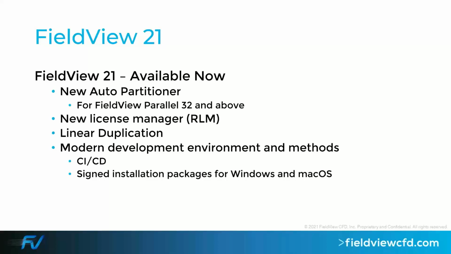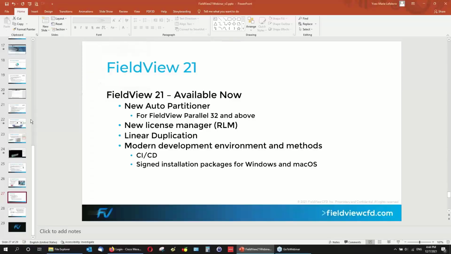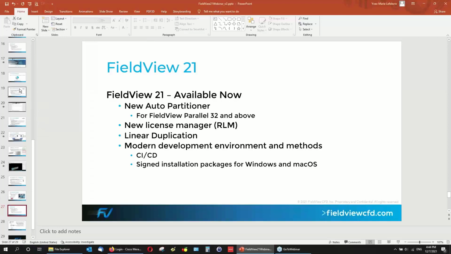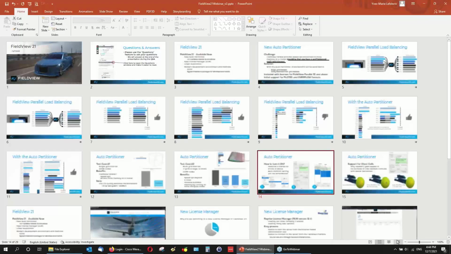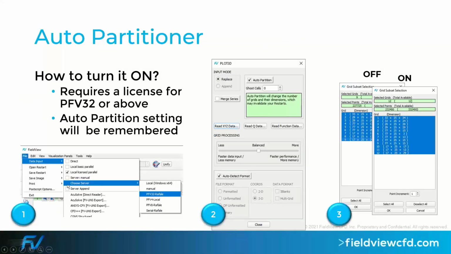So we have this mode that is called, let's see if I can get back to that. Okay, of the various modes for launching parallel, file, data input, local license parallel is going to run the maximum of what your license allows and your system has. So in that configuration, moving to a different system, let's say that I had 24 cores and I moved to a 32-core system, FieldView will use the 32 cores.